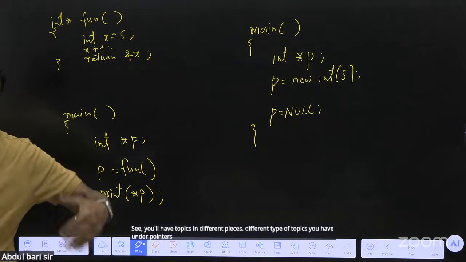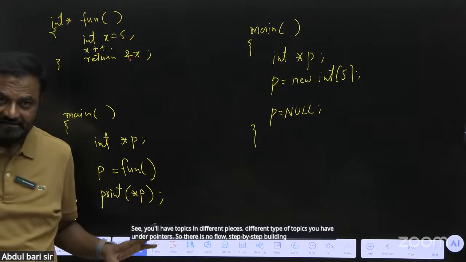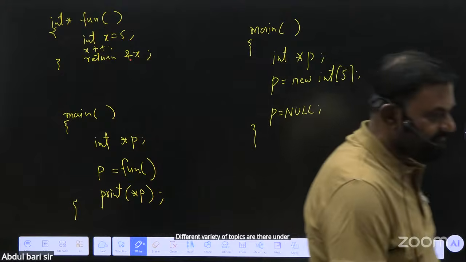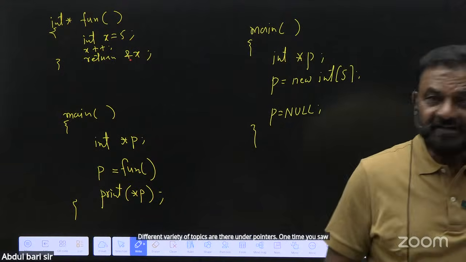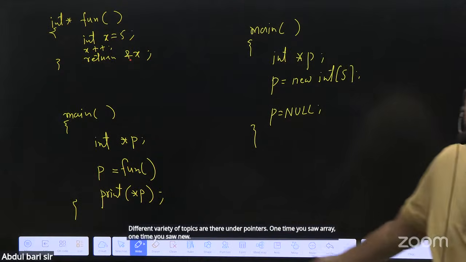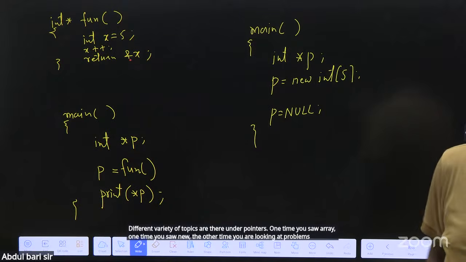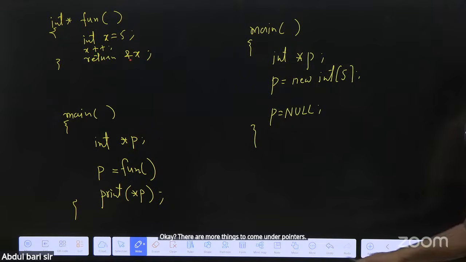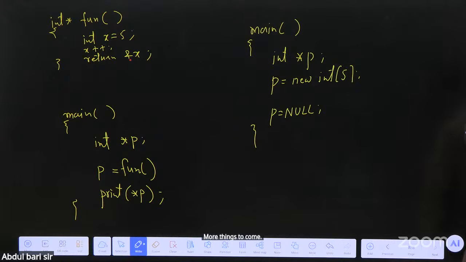There is no flow, step-by-step building is not there. One time you saw array, one time you saw new, the other time you are looking at problems. There are more things to come under pointers. Finished?